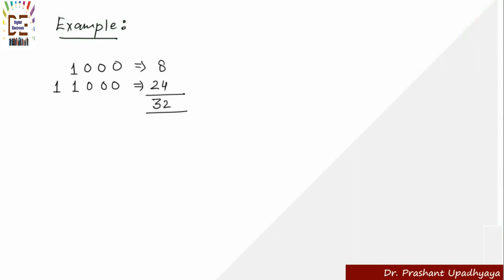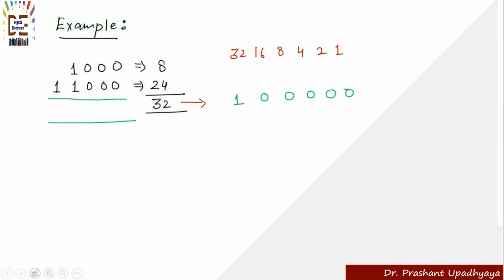And if I write this 32 in the form of a binary equivalent, using place values 8 4 2 1 16 32, my answer will be somewhat like this: 1 0 0 0 0 0. Now check it. If you are getting the same result from here or not, just check it out.